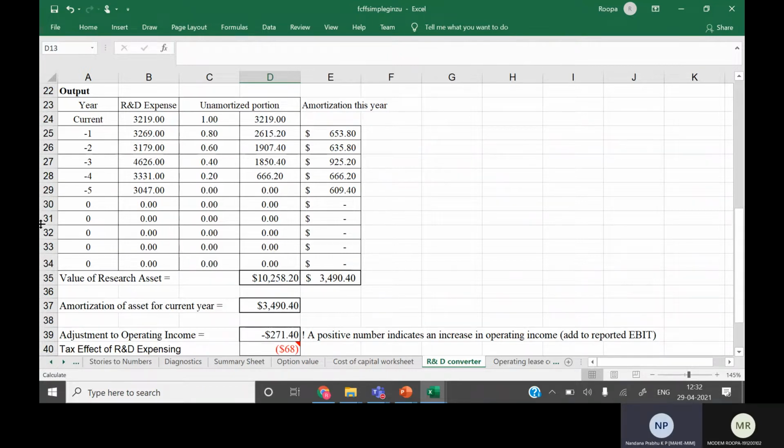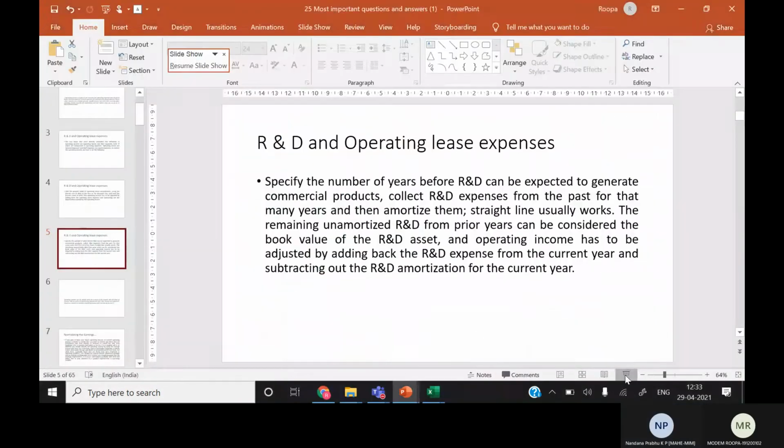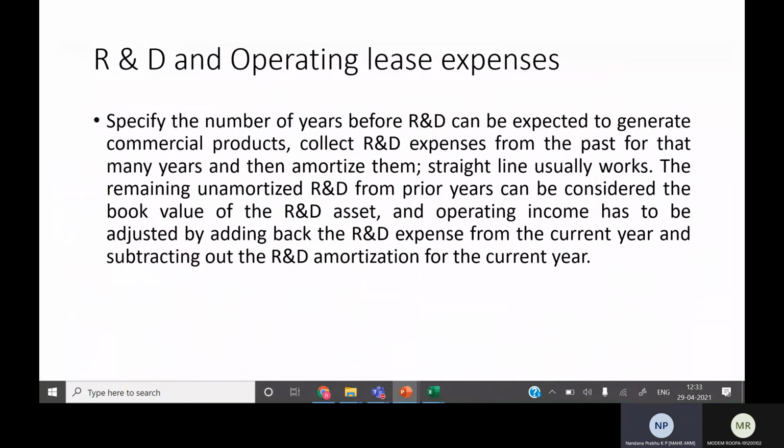Okay, we will go back to the slide. Specify the number of years before R&D can be expected to generate commercial products. In that R&D converter, we showed 5 years. That number can be changed based on the number of years every industry takes to create commercially exploitable products.